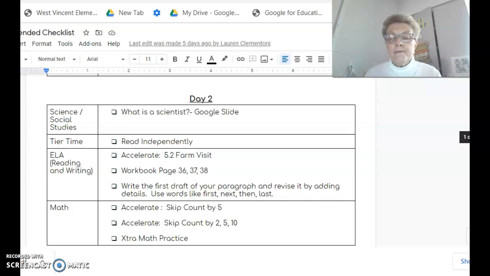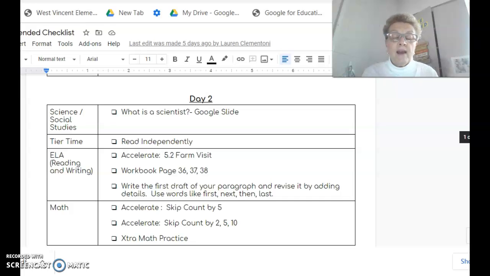And then you are writing the first draft of your paragraph. That is the paragraph of what you brainstormed yesterday. So you brainstormed some things that you thought you were an expert in. You're going to choose one of those and write your first draft. And then you're going to go back and you're going to revise it by adding some details.